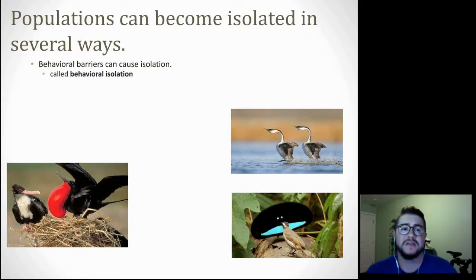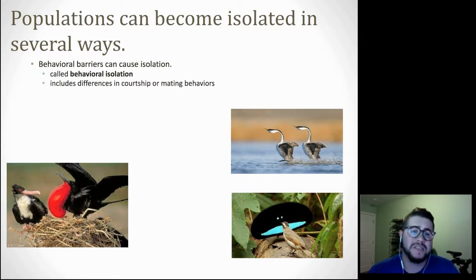Behavioral isolation is basically when there is a difference in courtship and mating behaviors. These species have different rituals to attract their mates, whether it's a courtship dance, a song, any kind of ritual. If they do not have the same type of ritual, that means they can't attract the same members of the population.